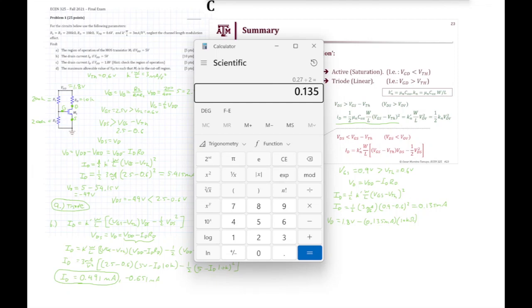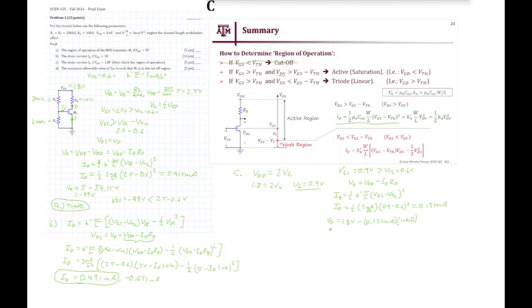Okay, let me go ahead and calculate this. So we get 1.8 minus 0.135 times 10,000 ohms. And we get our VD is equal to 0.45 volts.